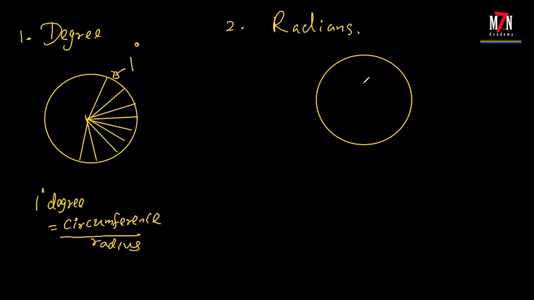Okay, then let's move to radians. Let's take the arc endpoints as A and B and the center point as O. When this arc length AB is equal to its radius r, then this angle is known as 1 radian.